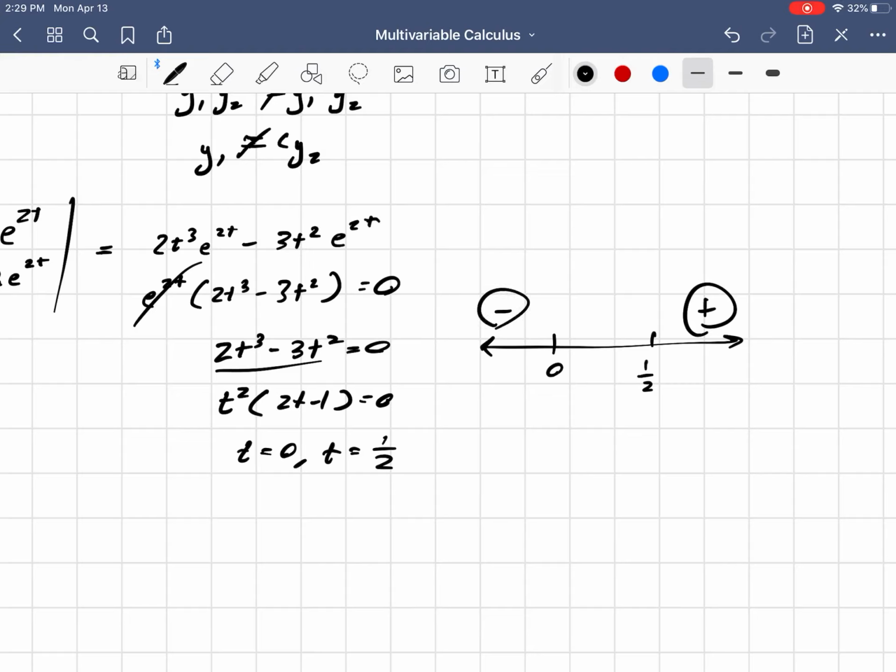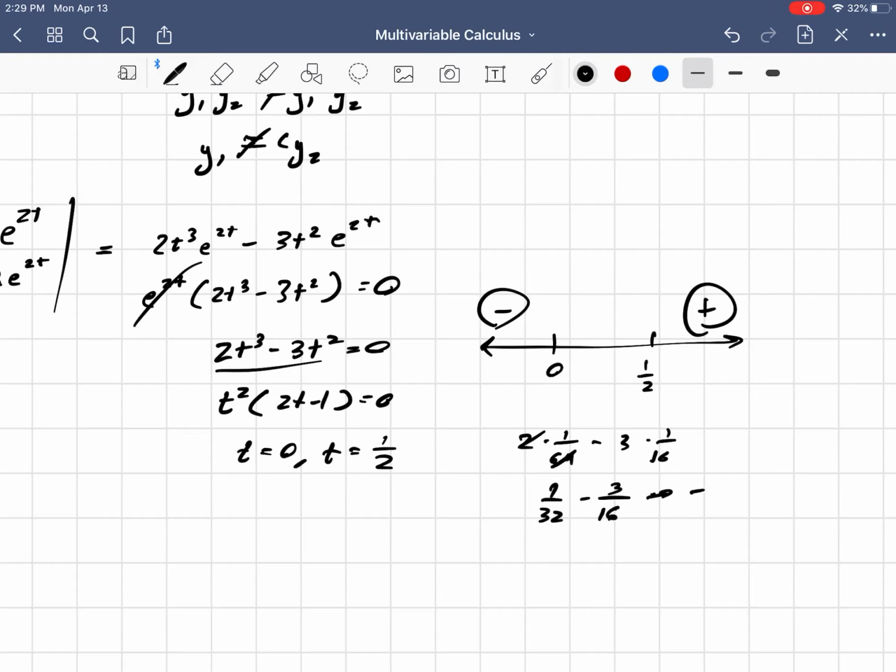If we plug in a really big number, we're going to be positive. If we plug in a really small number, we're going to be negative. And if we plug in something between 0 and a half, let's say a fourth, 2 times 1/4 cubed, that's 2 times 1 over 64, minus 3 times 1 over 16.